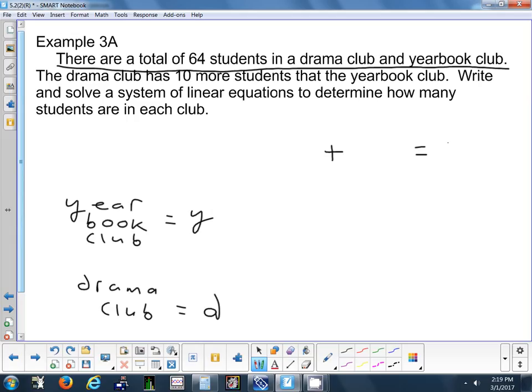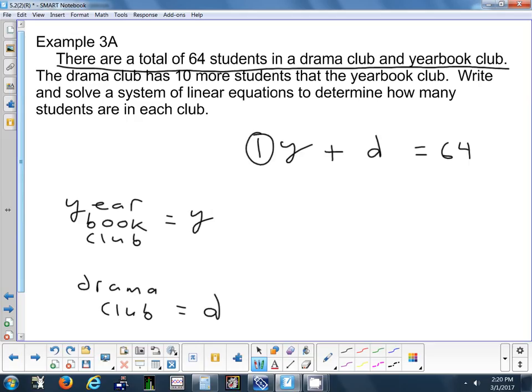The number of kids in the yearbook club and the number of kids in the drama club. And how did we represent yearbook club? Y. Yep. So we'll take the amount of students in the yearbook club, plus how many are in drama? D. So take amount of students in drama, and that's our first equation.